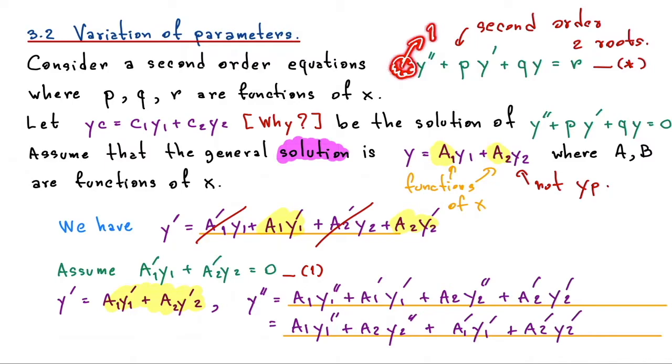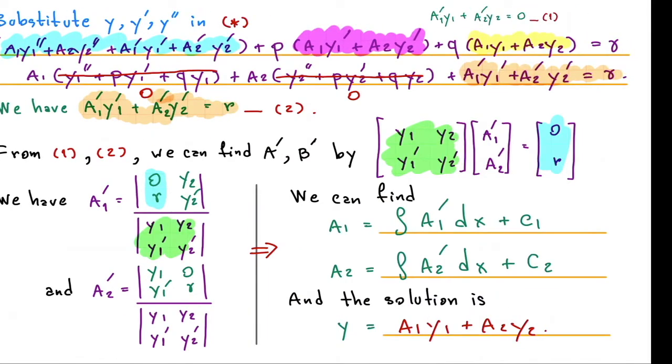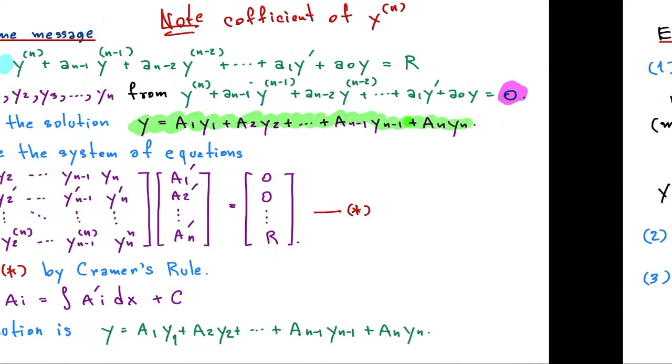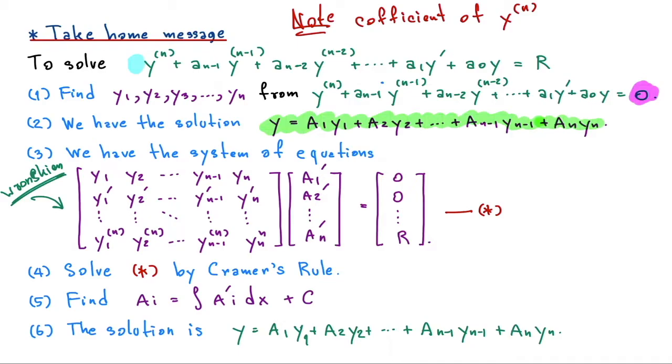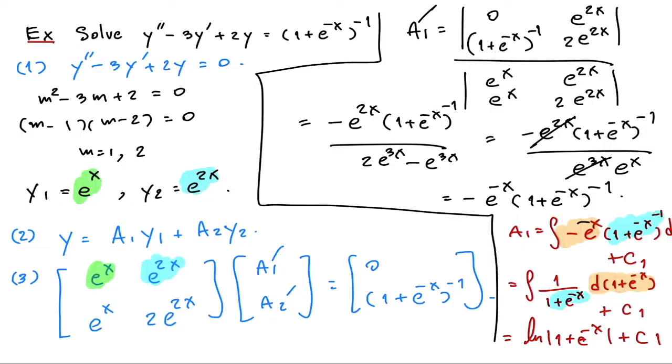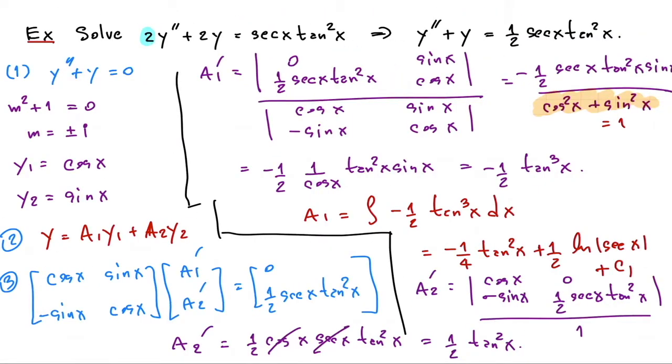As you see from this example, here it must be 1. As I already emphasized to you, the coefficient of y to the n is 1. When we were solving this example, we had 2 here.